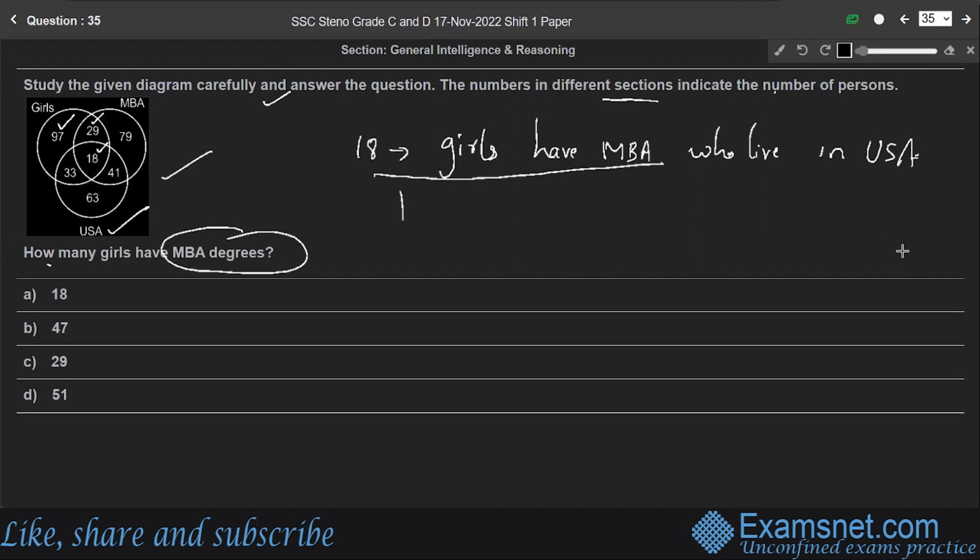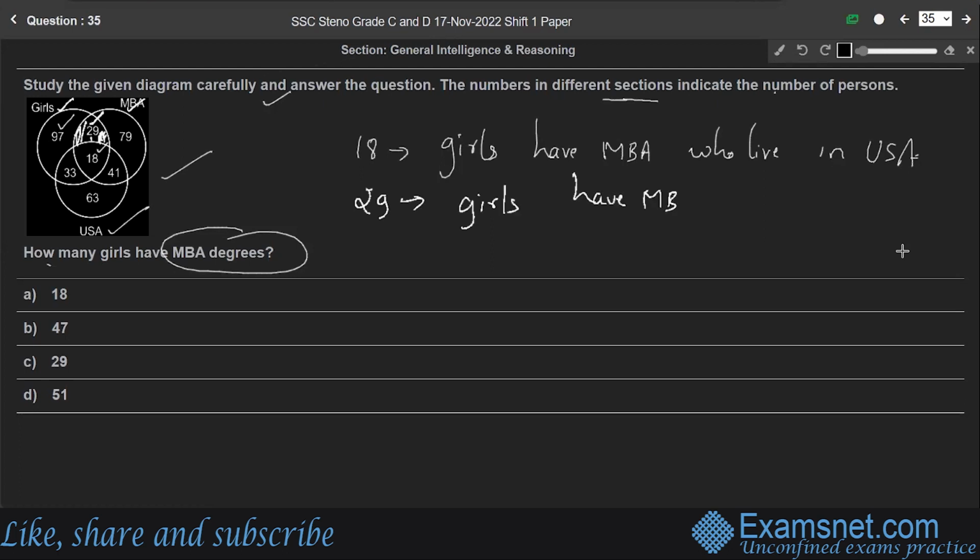So, including this 29, 29 girls. Because the number 29 is between the set of girls and MBA. This portion which I am showing now is a common portion between girls and MBA. Therefore, 29 girls also have an MBA degree.